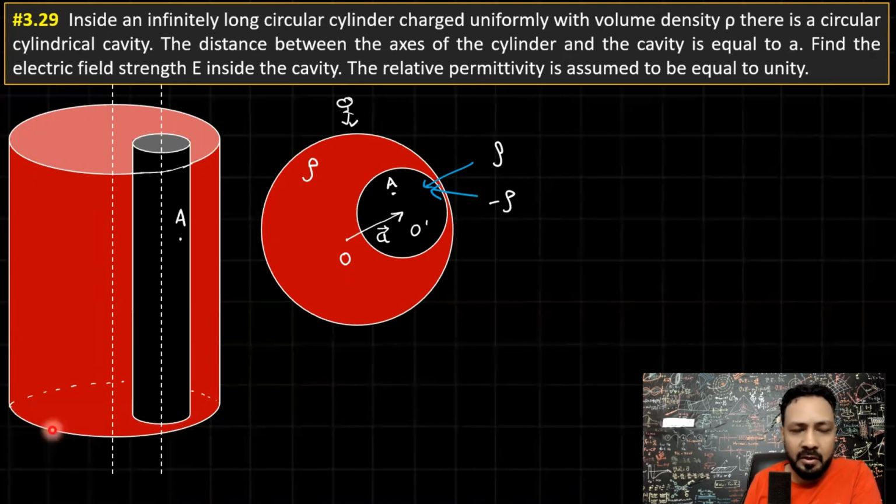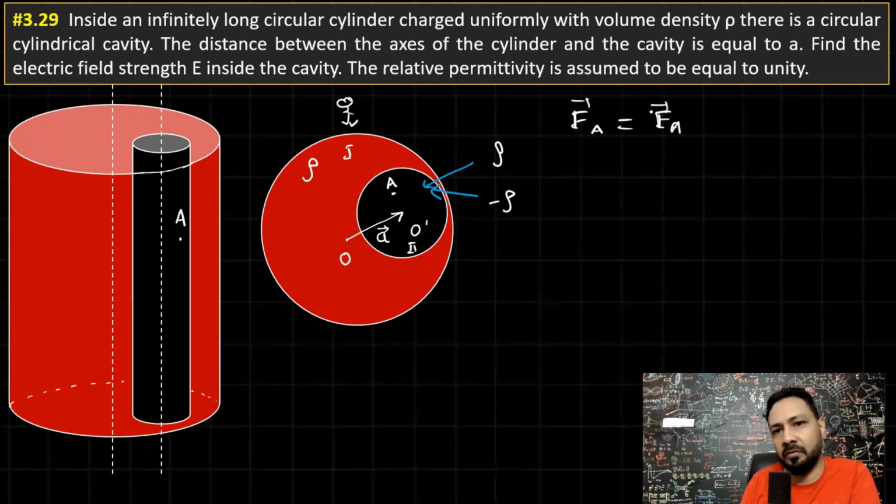On putting a volume charge density rho, I will have one complete cylinder of charge density rho, whose axis is at O. And on putting a volume charge density minus rho, I will have another cylinder whose axis is passing through that O dash, and using the previous formula, we will find the electric field at A. So the electric field at A, let me call this one 1 and this one 2, is the electric field at A because of 1 plus the electric field at A because of 2.